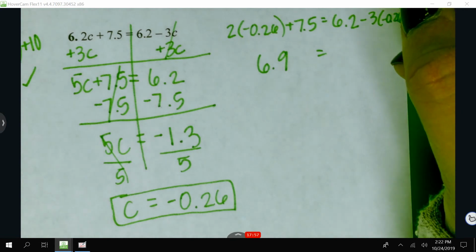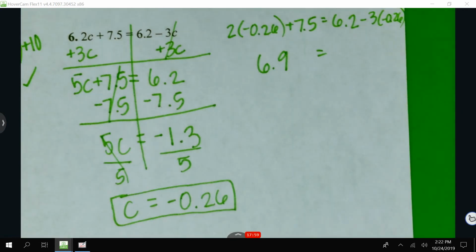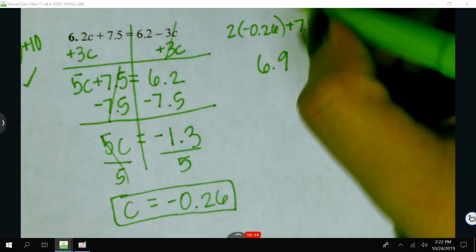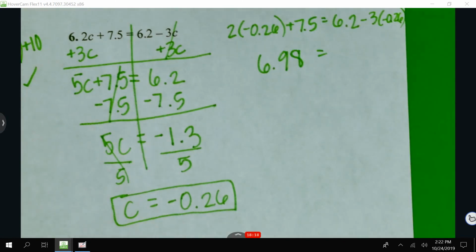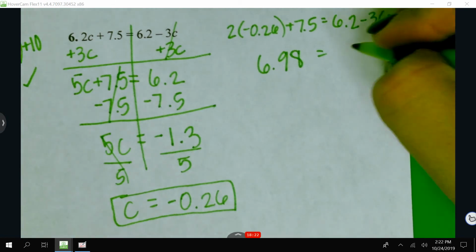I typed it in, 2 times negative 0.26 plus 7.5. I'll check it again. It's still 6.98. And then on the right hand side? 6.98.